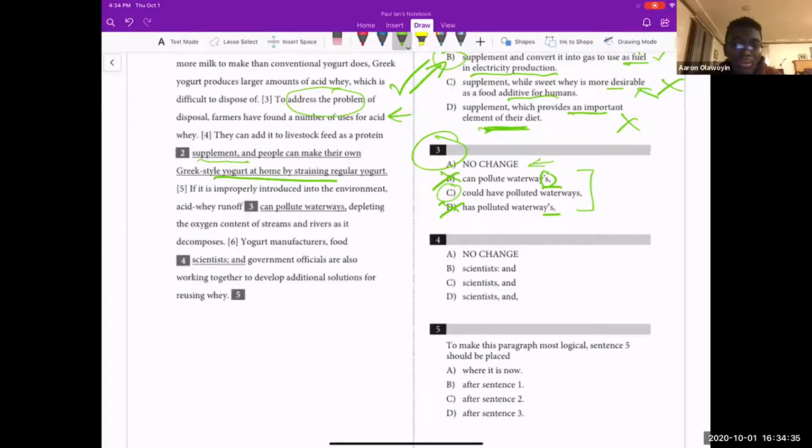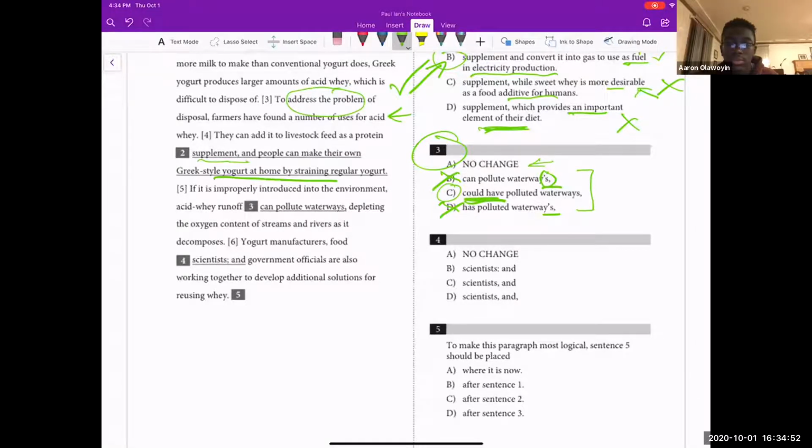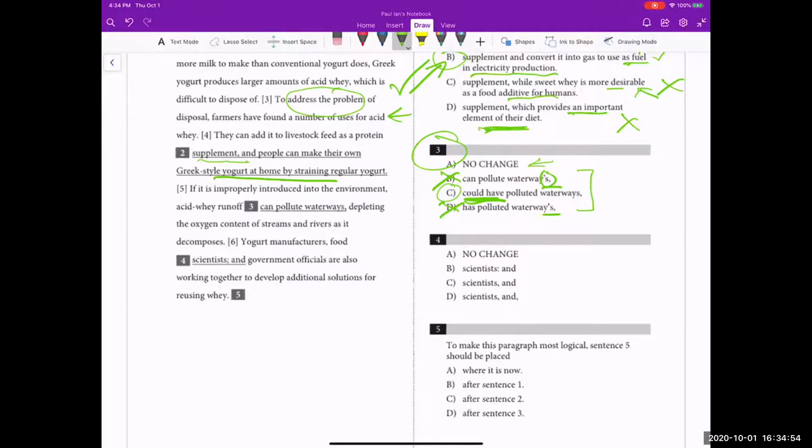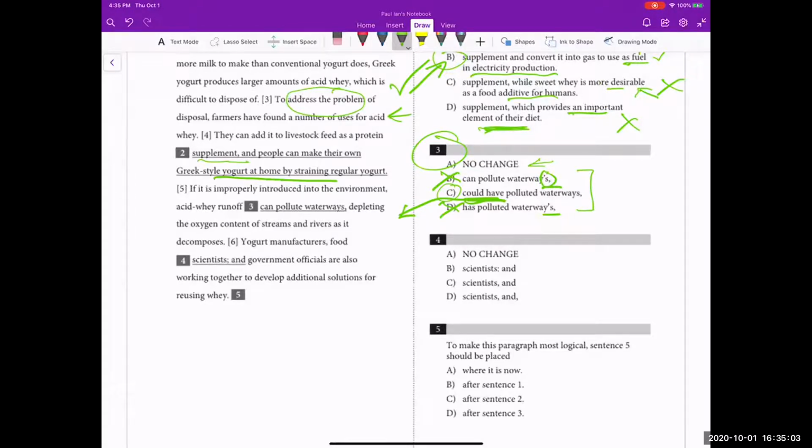Why can't it be that one? Is it tense, I think? Tense? Could have pollute. Yeah, it's this could have right here. When you say could have, what has to happen? It's something from the past, like inferring from the past, right? Like, you could have done this, but you didn't. But there's no context there.